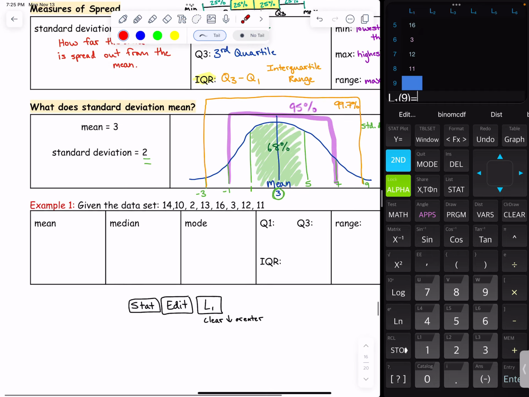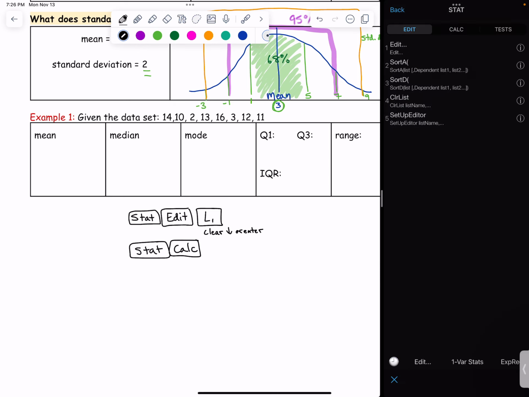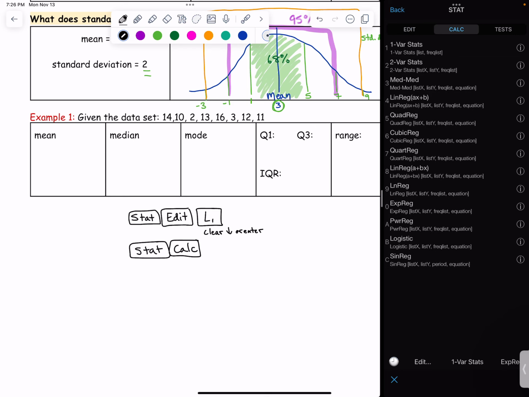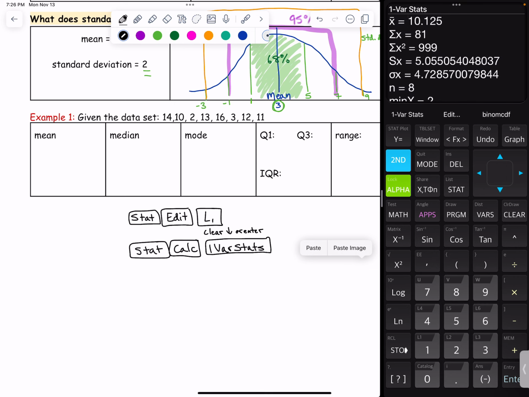Now you're going to hit these buttons. You're going to go back to hitting stat, but then you're going to go over to where it says calc at the top of your screen. So stat, calc, and then you want the first option, which is 1 variable statistics. It's a very helpful little button. So hit that one, and then hit enter if you need to calculate until it pulls up this screen.